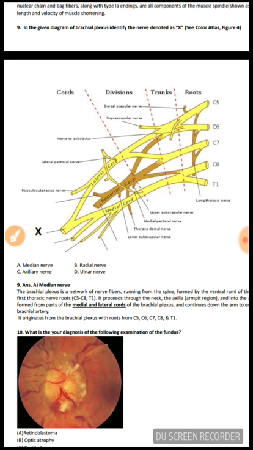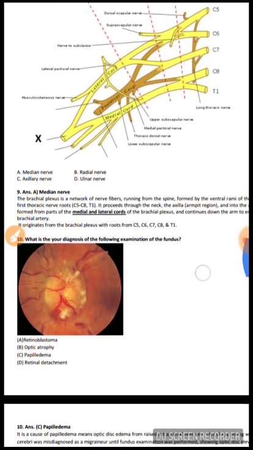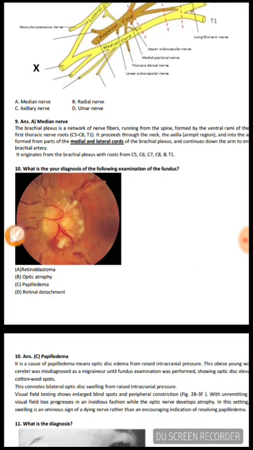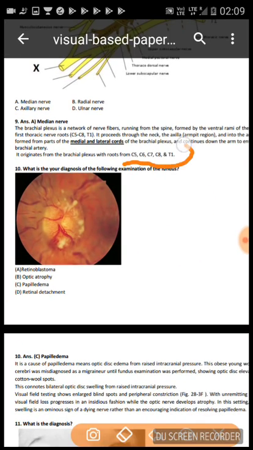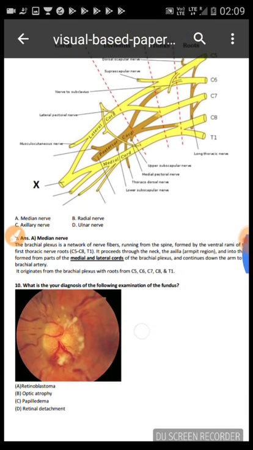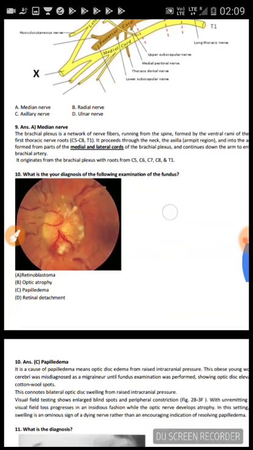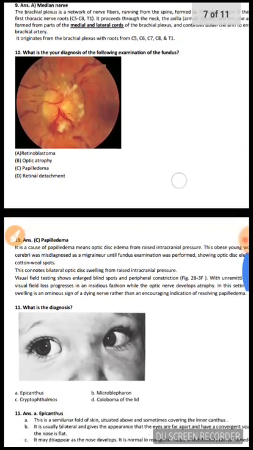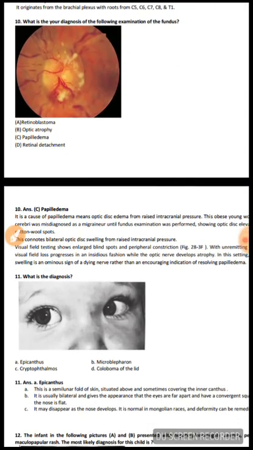It is asking what is X. So X here is the median nerve, formed by the joining of the lateral and the medial cord, and the brachial plexus roots are C5, C6, C7, C8, T1. So do revise your brachial plexus section and all the other important anatomy sections, as it is a very important subject for your NEET PG. Many people do wrong in anatomy, but it is a very scoring subject.